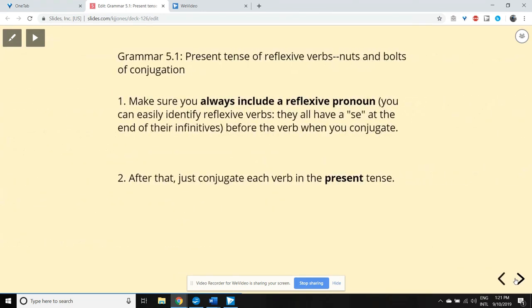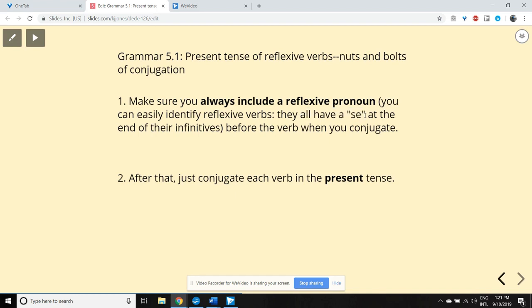So, the nuts and bolts of conjugating reflexive verbs in the present tense in Spanish. First of all, when you are working with a reflexive verb, you must always include a reflexive pronoun as part of its conjugation, and you can easily identify reflexive verbs in Spanish. They will all have a se tacked onto the end of their infinitives, okay?